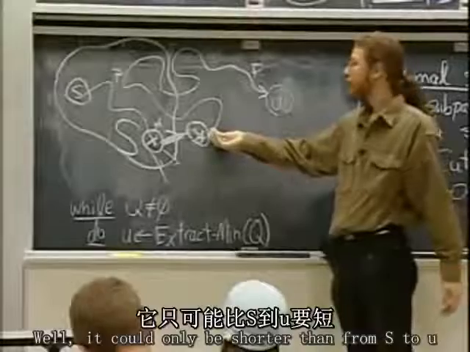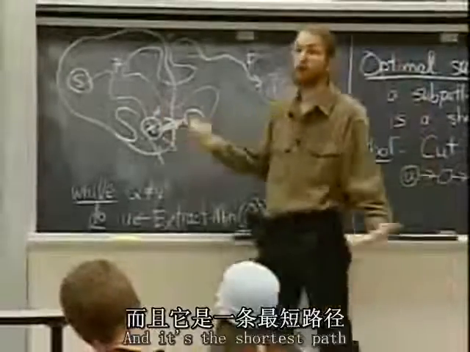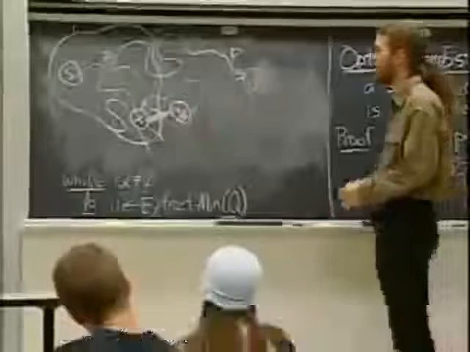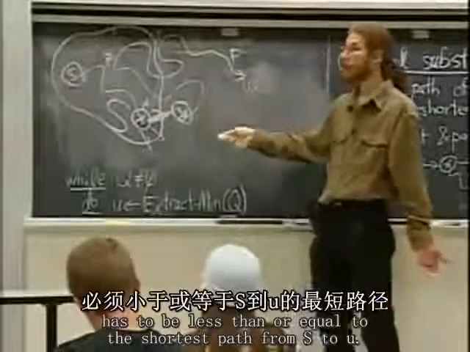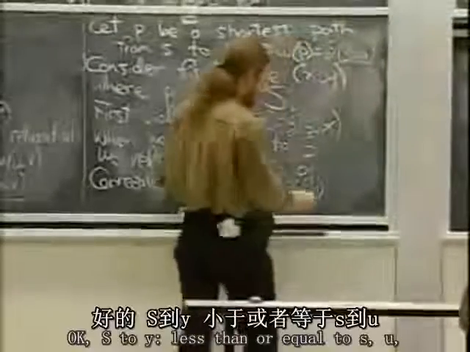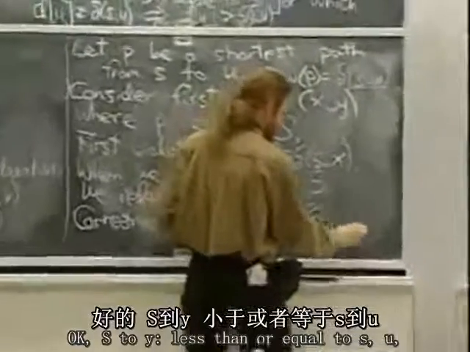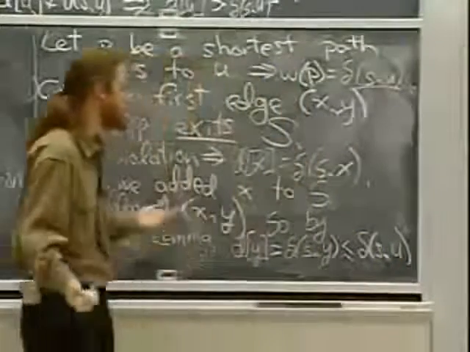Well, it could only be shorter than from S to u, because it's a subpath of a shortest path. The shortest path from S to y has to be less than or equal to the shortest path from S to u. Okay, S to y less than or equal to S to u, just because it's a subpath.